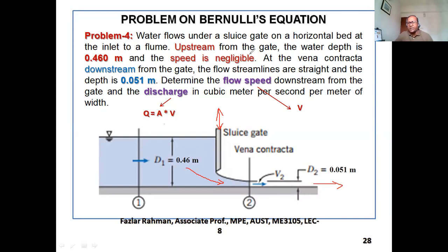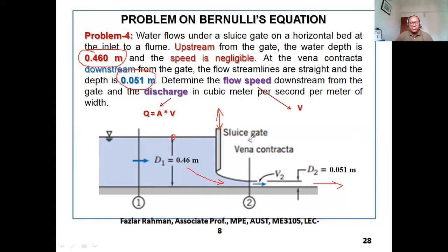Upstream from the gate, water depth is this much in meters, from here to here. And speed is negligible. At the top surface the speed is not that much, you can neglect. At the vena contracta, downstream from the gate, flow streamlines are straight, and depth is this much in meters right over here.